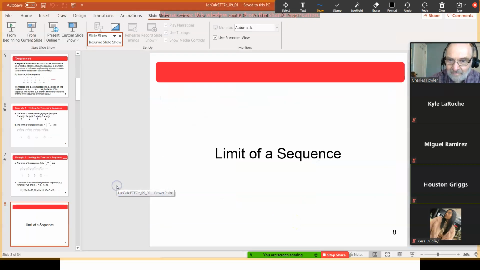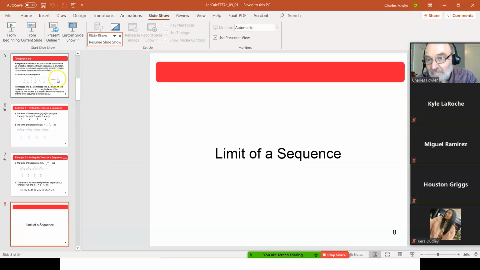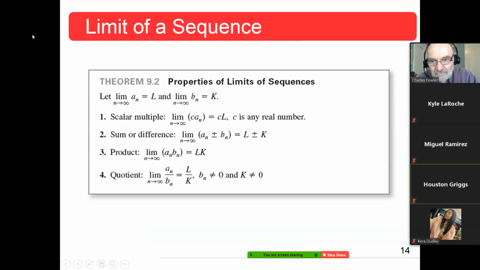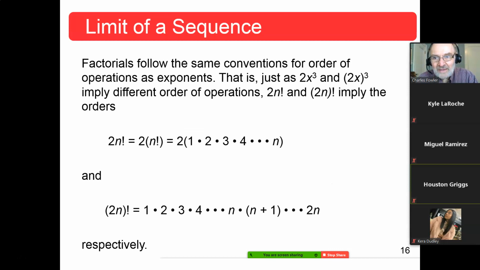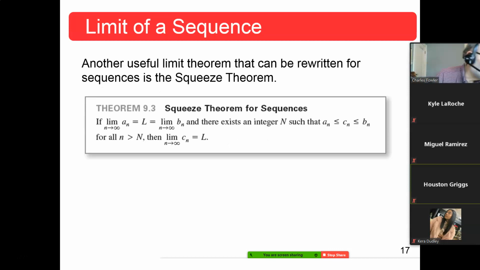Here we are, back to the current slide. Those were the properties. There was a factorial, and this was the example of that. And then this is the squeeze theorem, in the middle of page 591.